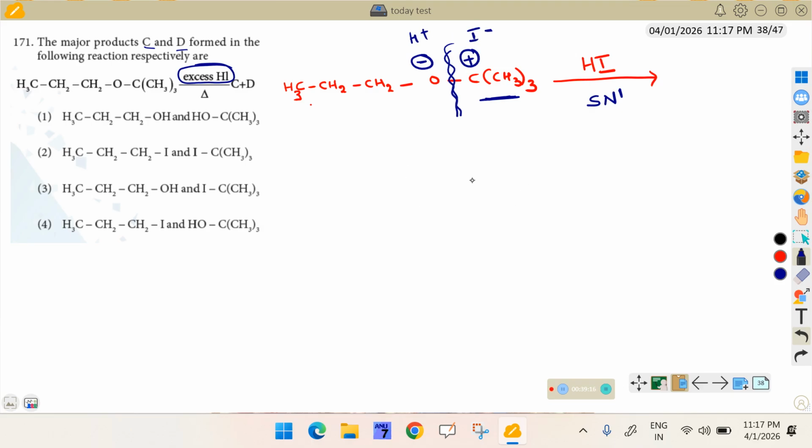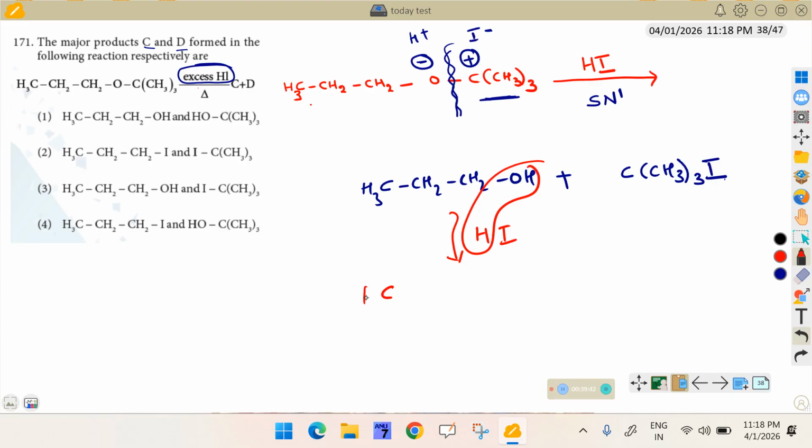Then you will get CH3CH2CH2OH plus C(CH3)3I. Now, given excess of HI, alcohols are able to react with HI, removing the water molecule, then it gives alkyl halide CH3CH2CH2I. Based on that, the correct option is the second option.